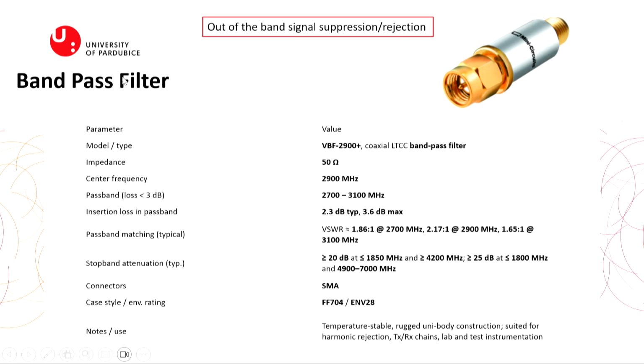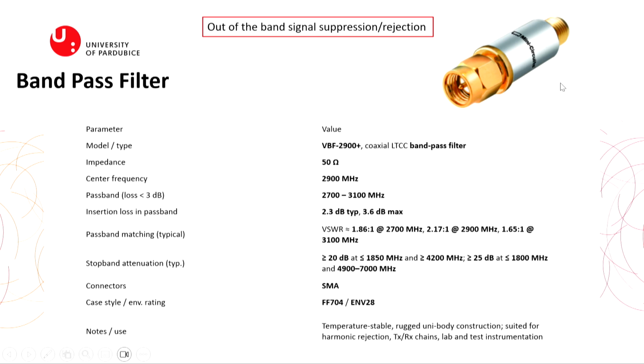Then, if you remember well, there was a bandpass filter, and we use this again from Mini-Circuits. It is just a small bandpass filter interconnected between these. It is really small. Center frequency was 2.9 gigahertz. Passband from 2.7 to 3.1, exactly matching our range.